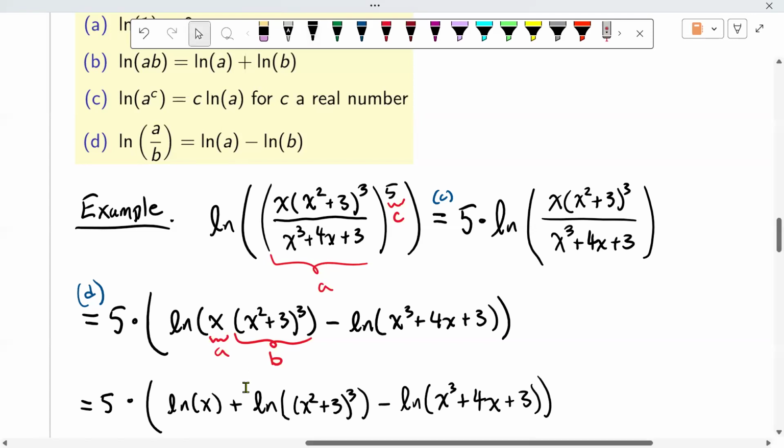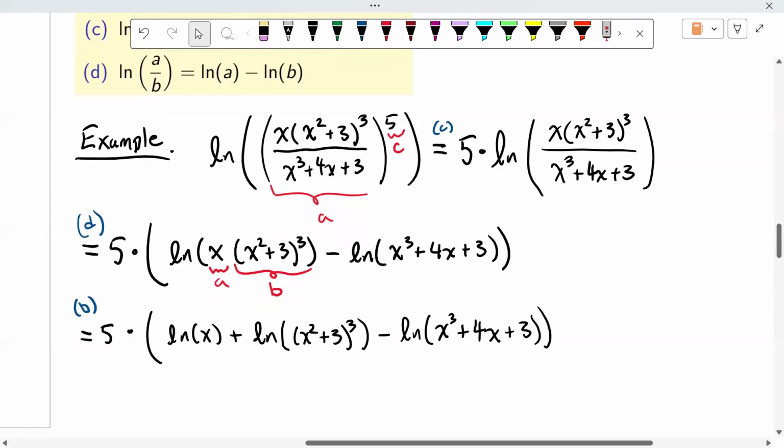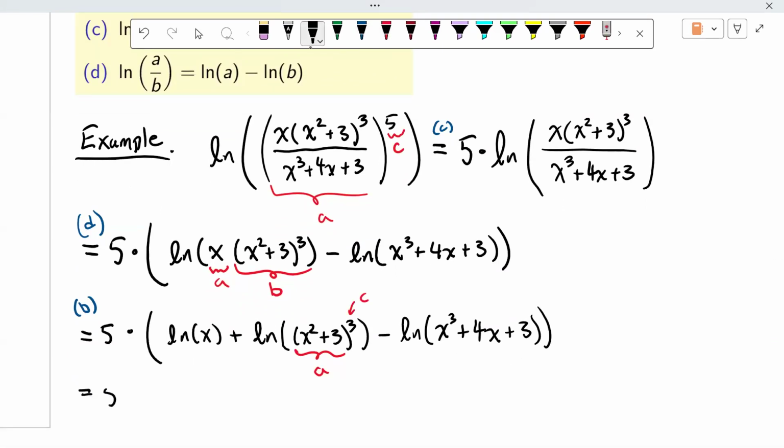So this is my natural log of A plus my natural log of B, and that's using law B. And then I can use rule C again. This is an A, this is a C. And so in the end, we took a terrifying looking expression and made a different terrifying looking expression. This is what we call progress.